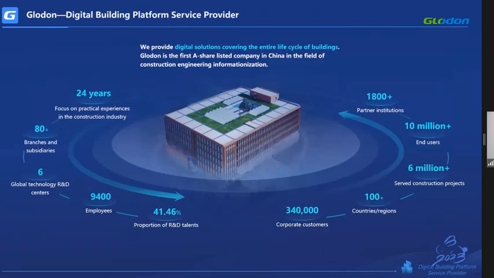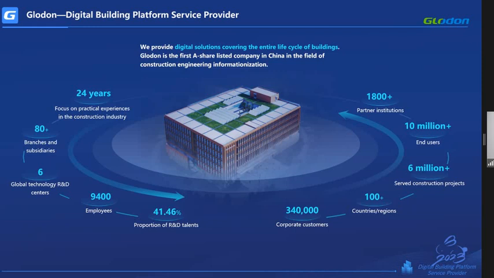Before we introduce our Cubicost, let me give brief information about our Glodon company. We provide digital solutions covering the entire life cycle of buildings. Now we are the number one company in China in the field of construction engineering, and we have 24 years of focused practical experience in the construction industry.